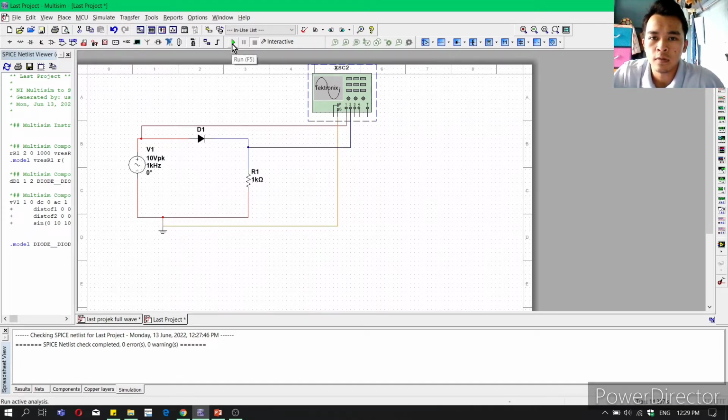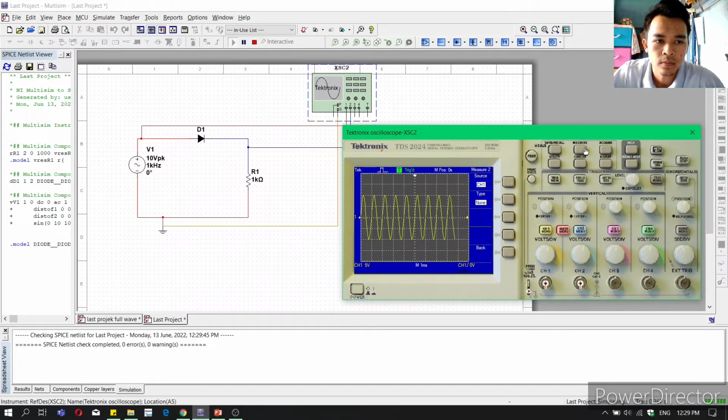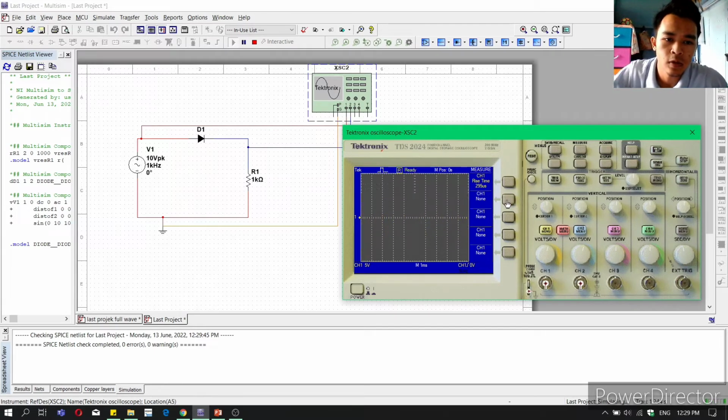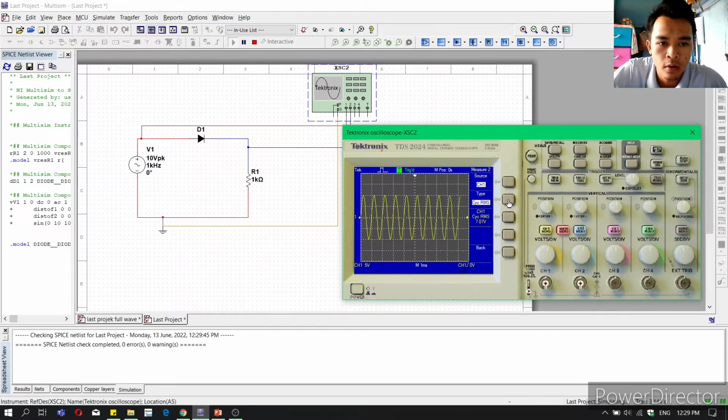To measure the value of the input signal, we can see I use channel 1 for the input signal. For the frequency, 1 kHz. For the amplitude, same as the maximum value, which is 9.98 volt.